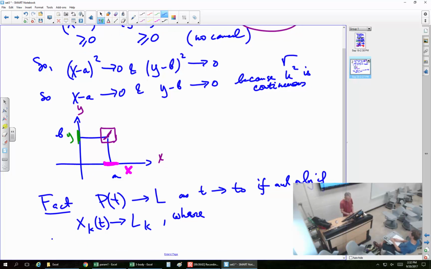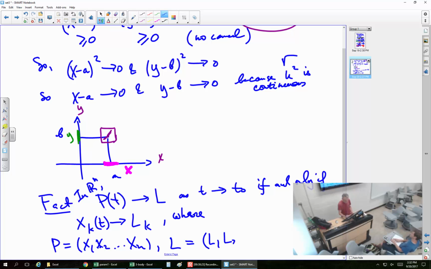So P is x1, x2, ..., xn, in R^n. We have a parametric curve in R^n, and we have a convergence to a particular location. L is a point in R^n, with coordinates L1, L2, ..., Ln.